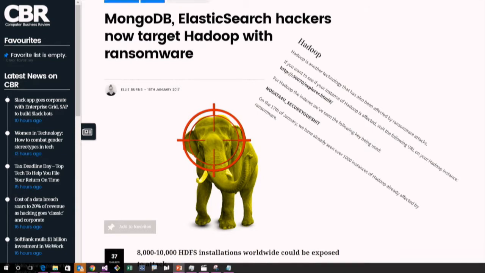But essentially, there were other kinds of threats as well, specifically one around HDFS in general, where we had port number 50,070 opened up, and malicious users got access to a lot of Hadoop clusters.